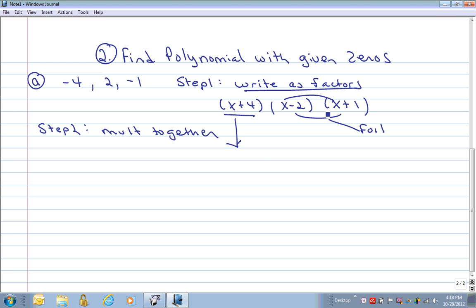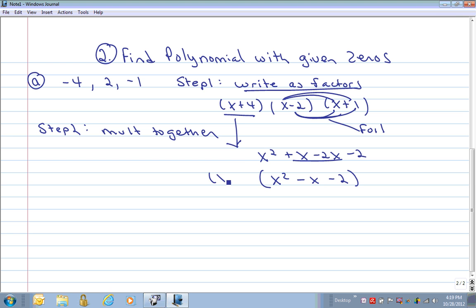So first times first, which would be x squared. Outside times outside, x times 1 would be positive x. Inside times inside, that would be negative 2 and x, negative 2x. And of course, last times last. Negative 2 times positive 1 is a negative 2. Combine your like terms, and we would have x squared minus x minus 2.